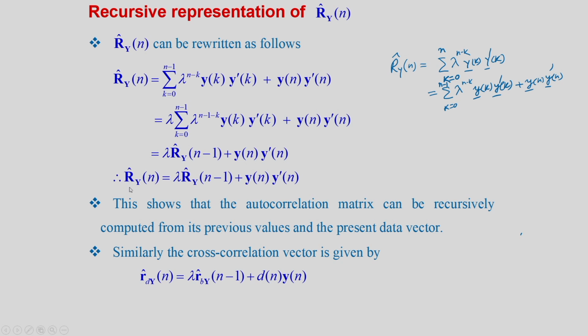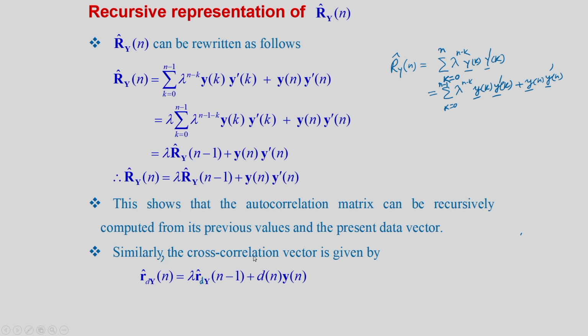So, that way the autocorrelation function can be incremented. This shows that the autocorrelation matrix can be recursively computed from previous values and the present data vector, because y n is the present data vector. So, y n multiplied by y n transpose, this part we are adding to the previous estimator.